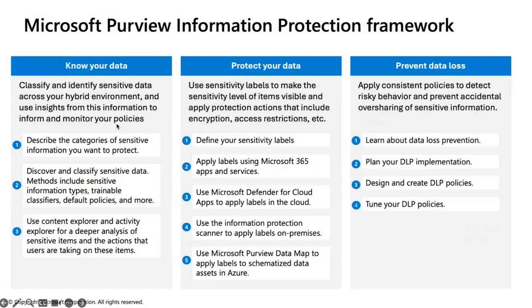In the know your data phase, we have data classification. For data classification, we have sensitive info types. These options we get under information protection, in classifiers, where we have sensitive info types.